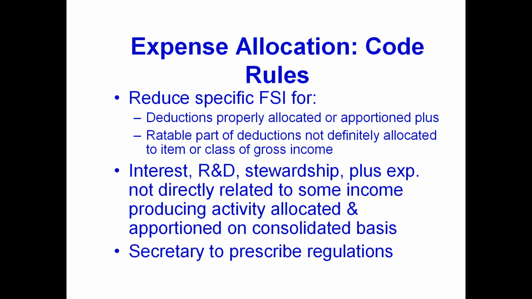The 861 regs have a lot of good guidance, but there's also good understanding rather than guidance to be had in two other parts of the regulations. The regs under the domestic production activities deduction, while not directly addressing allocation and apportionment, do have some good guidance on figuring out what different items or classes of gross income are.